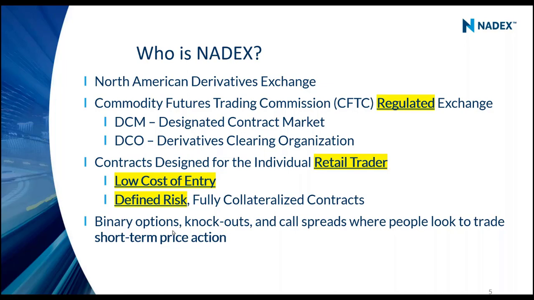Every 2 hours, we have different daily binary options and weekly binary options. You can choose the duration that suits you best, but every one of our contracts, it doesn't matter what it is, has defined risk. You know exactly what you're getting into before you enter a trade. You know what you could potentially make, you know what you could potentially lose, which means there are no surprises.